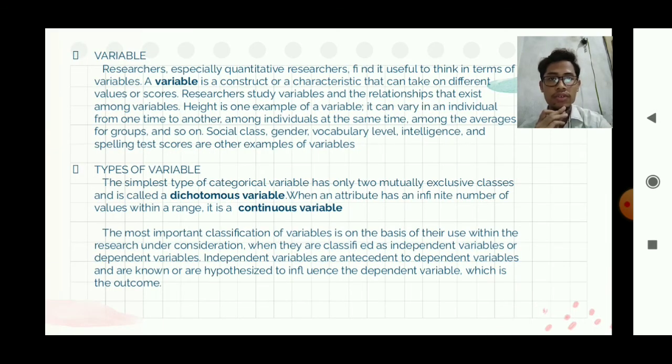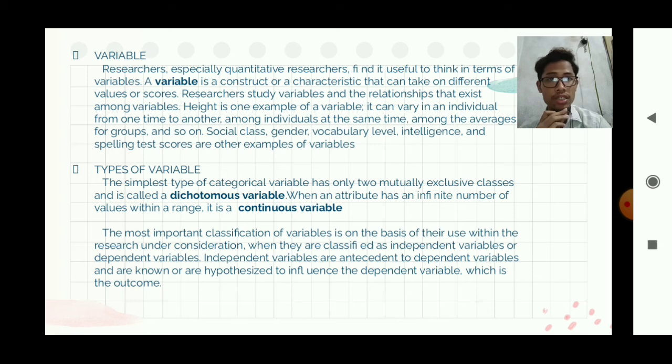And the next is variable. Researchers, especially in quantitative research, find it useful to think in terms of variables. A variable is a construct or characteristic that can take on different values or scores. Researchers study variables and the relationships that exist among variables.